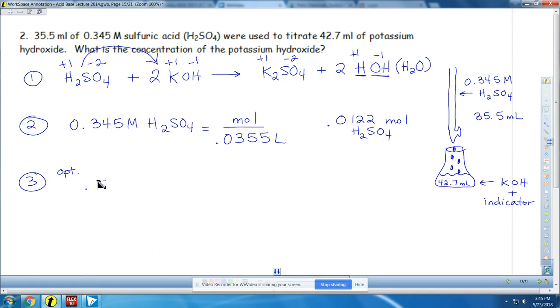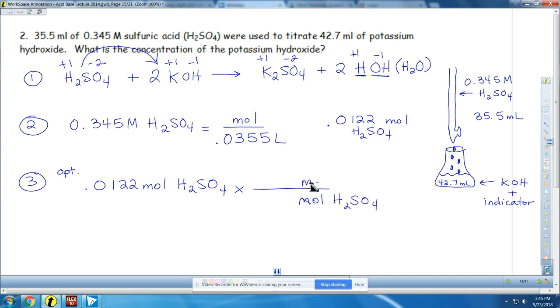If it's not obvious to you, then you just write it out. So my moles, 0.0122. Here's the known solution, H2SO4. We'll set it up. We'll cancel moles of the known. The original was the acid. Moles of H2SO4.